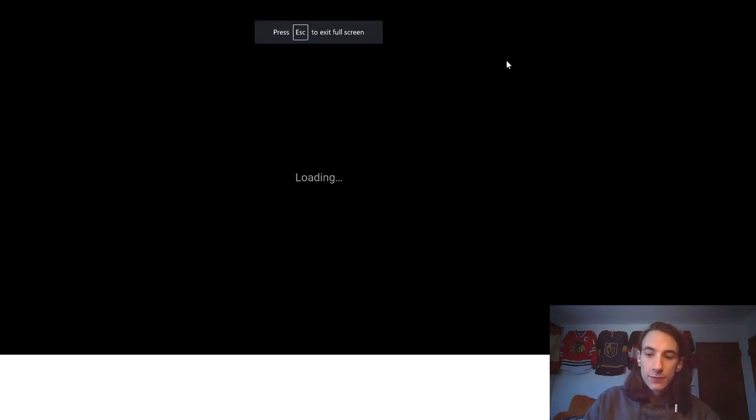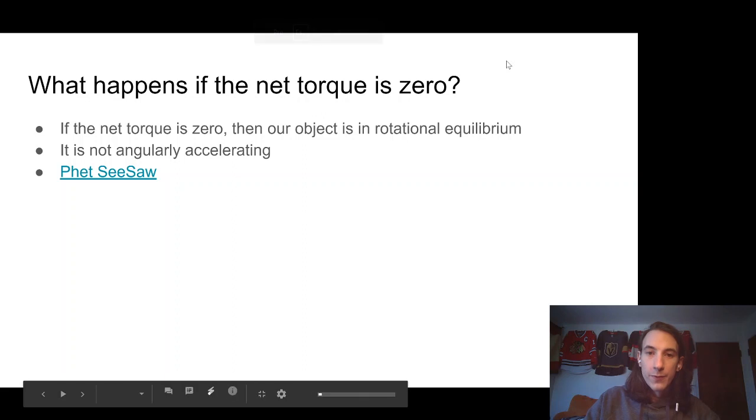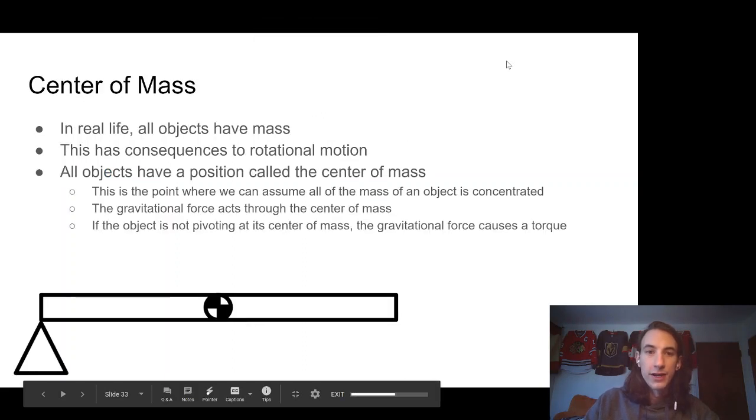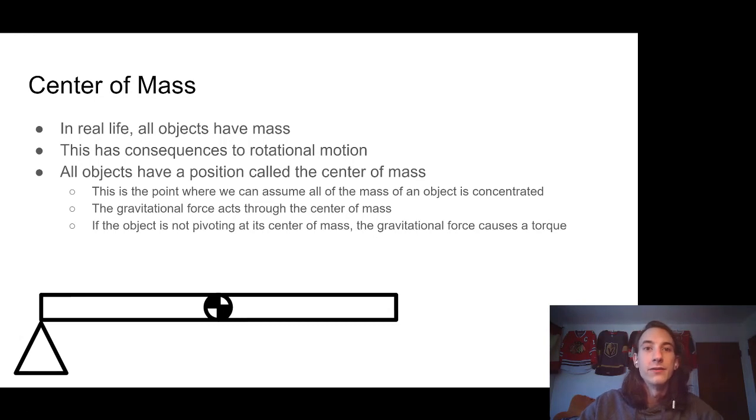Actually, we'll talk about this first. We also have to define this quantity of center of mass. When we talked about objects in this class previously, we said let's not really worry about it, let's just call it a massless ruler.